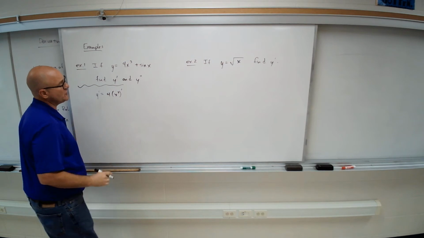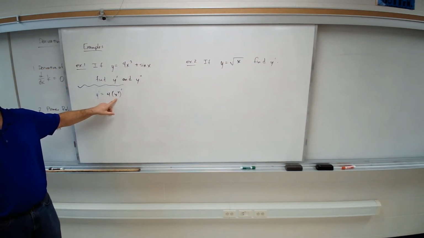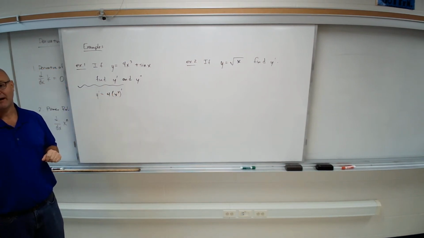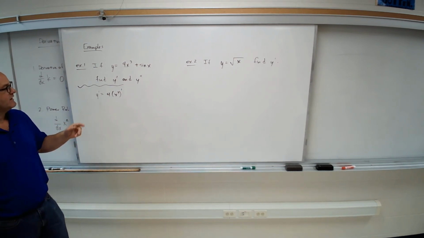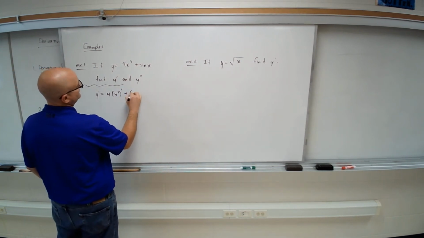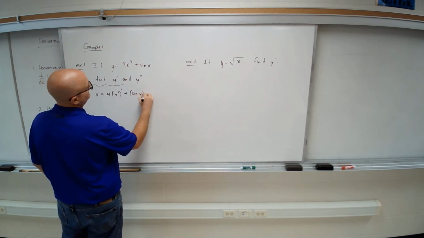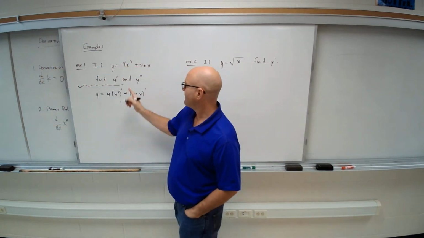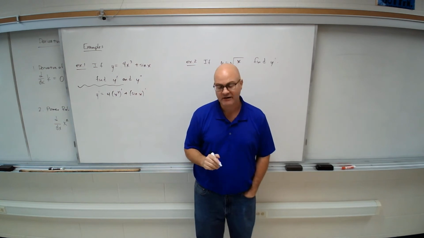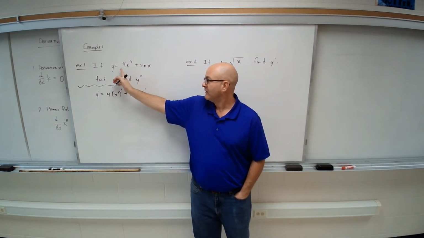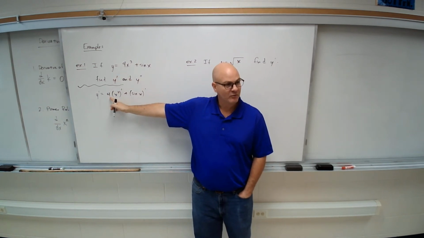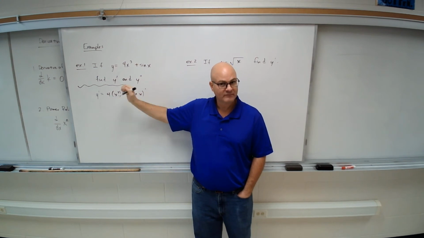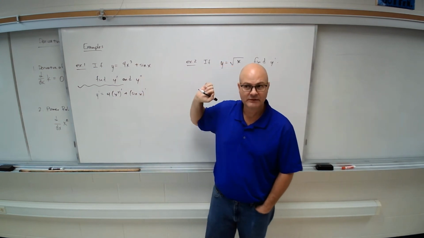If you want to, you could even put the x cubed in parentheses and put the prime outside of it. It just reminds me that I have to take the derivative of that before I'm done. And then plus the derivative of the sine of x, because we're just using our addition property here. And here also, we used our constant multiple property to pull that 4 out. Okay. Everybody good with that?